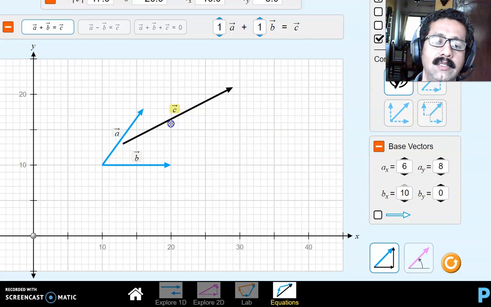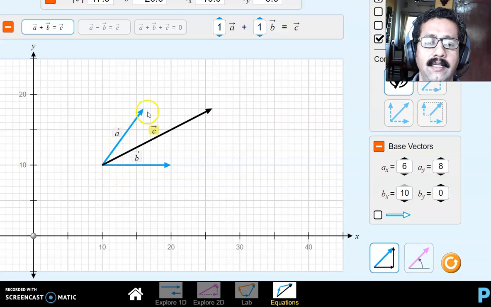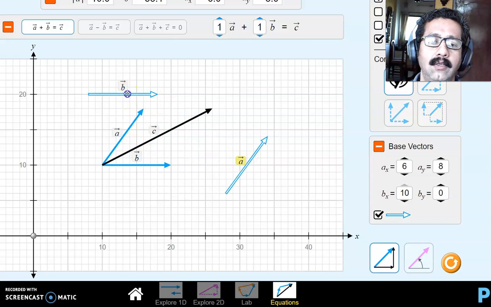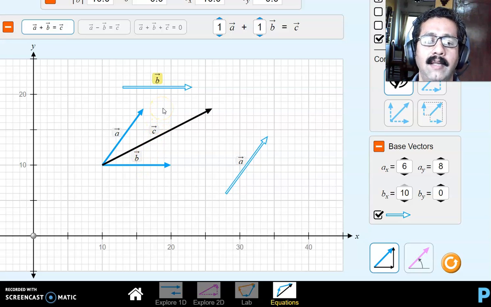So I'll just bring it to this point. If I complete a parallelogram, now let me do that here. I have two other duplicate vectors: this is vector B, and in a parallelogram the opposite sides are parallel and equal.